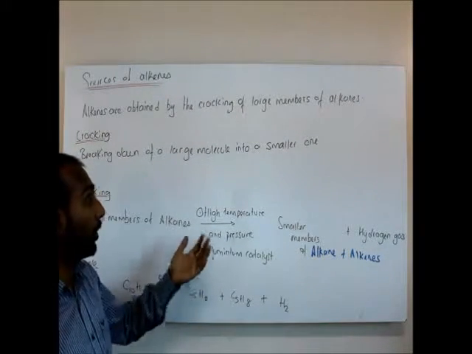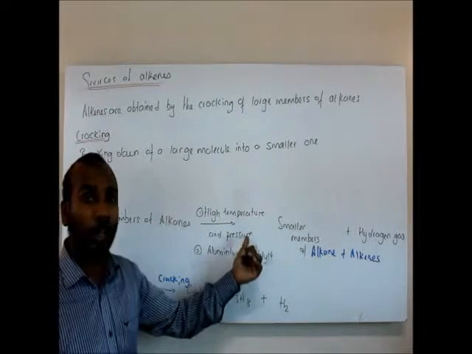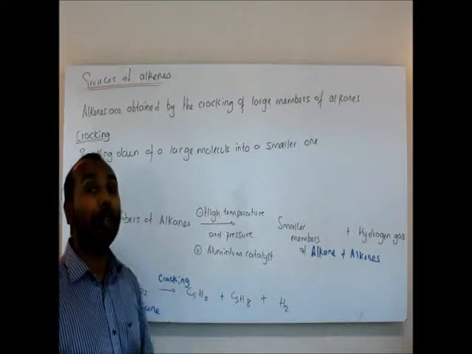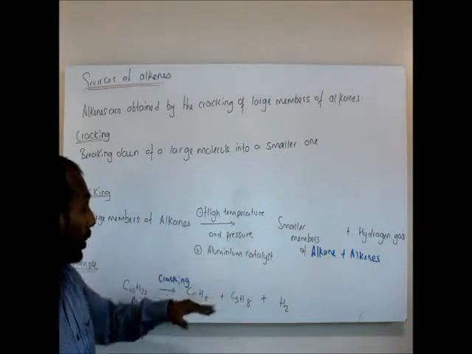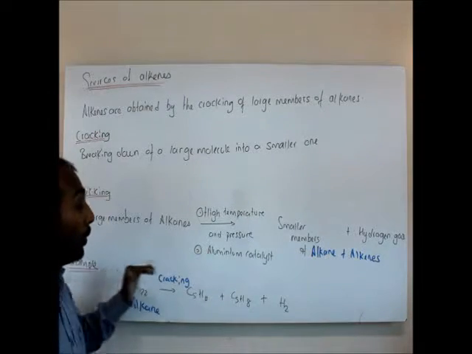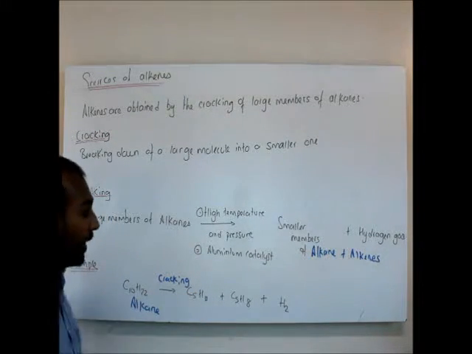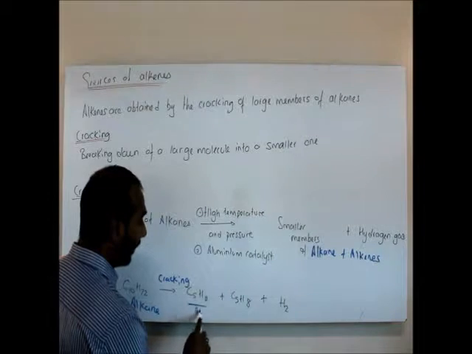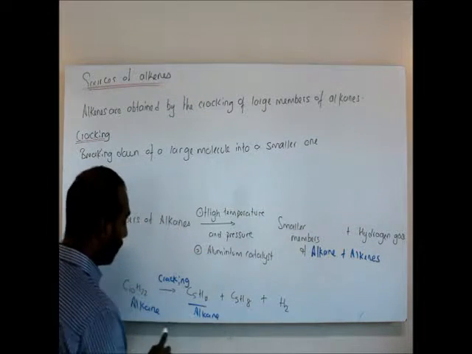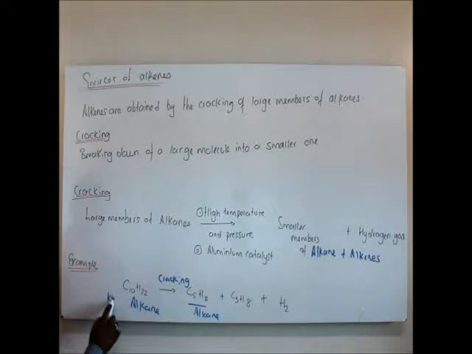For example, you might need a high temperature, high pressure, and you might also need an aluminum catalyst. So under these conditions, these large members of alkanes are going to break down. Here it is forming a smaller member of alkane. This was a large alkane because it contains 10 carbon atoms.